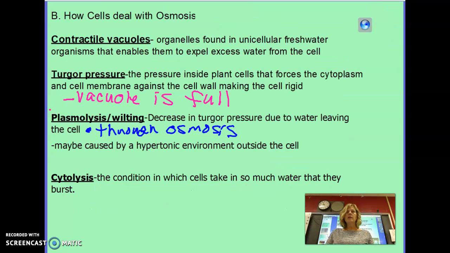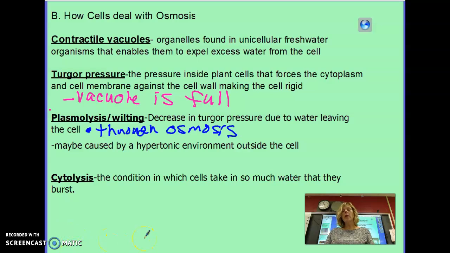All right, so another kind of interesting thing, when we looked at pond water, there were single-celled organisms in there, and you would think those are a single cell and they're in water that's not pure water, there's other things in there, but clearly the water level is much higher outside of those single-celled organisms than it is inside of them.